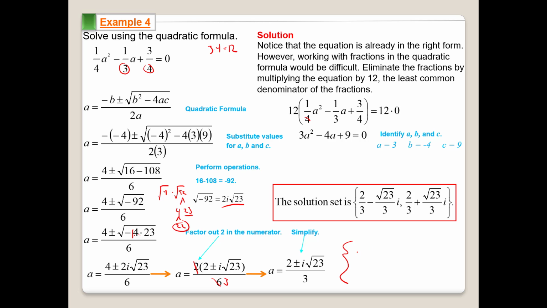Your solution set could simply be 2 minus, I'll leave the i in front so you don't get confused that it's behind, i square root of 23, all divided by 3, and 2 plus i square root of 23, all divided by 3. That is the proper way to notate the solution. Do not use those other solution sets. Those are no good. I don't like how they put the i right there.